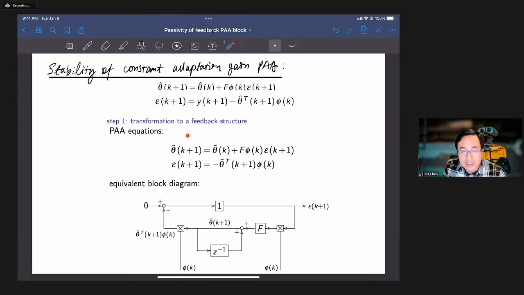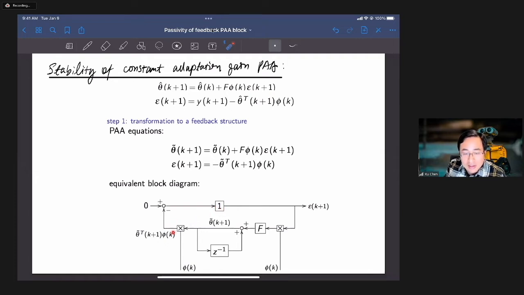Step one, we already transformed these two equations about theta hat and epsilon to this set of equations related to the difference between the true parameter vector and the estimated parameter vector, which we denote as theta tilde. And we worked out this equivalent block diagram where this linear time invariant block is simply 1.